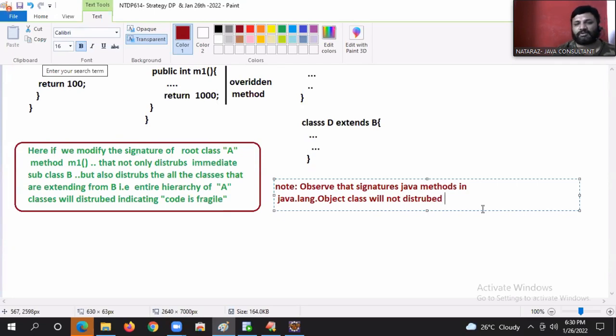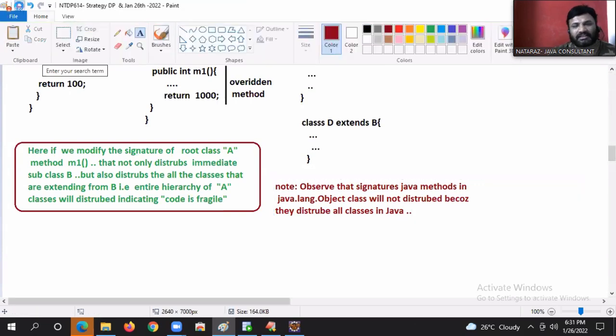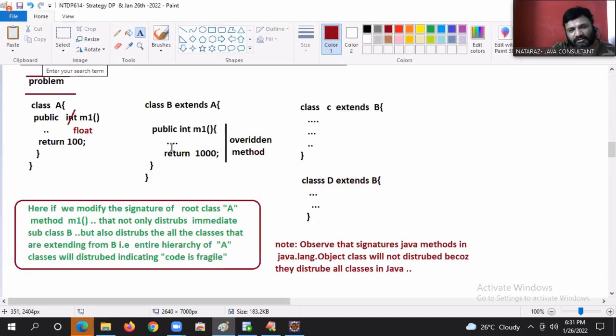Because if they are disturbed, they disturb all classes in Java, all the classes that are there in the inheritance hierarchy of Java. Yes or no? Okay.